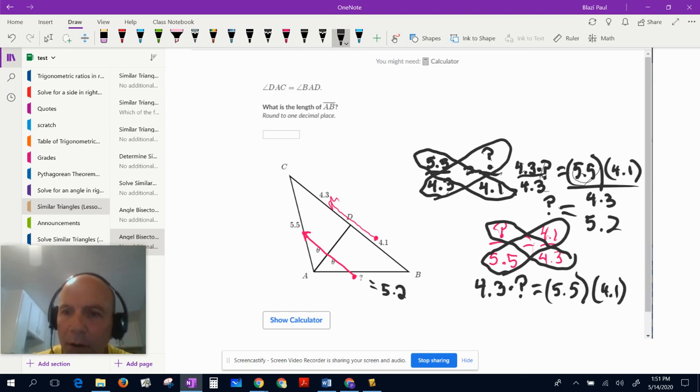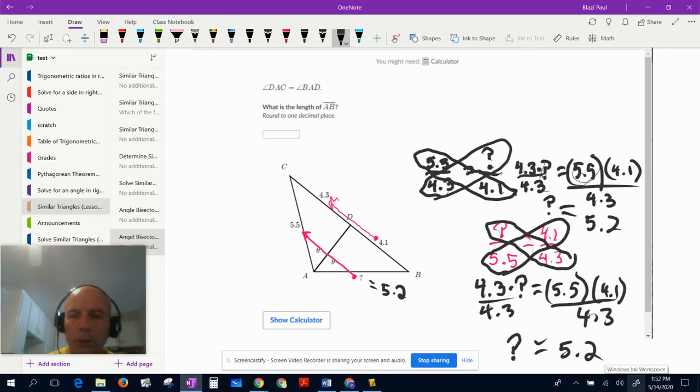Does that look familiar? It's the same thing I got last time, isn't it? Divide both sides by 4.3. You can see I have the same exact problem. So just like I said, it works either way. So question mark equals 5.2. Boom. Hope this was helpful.